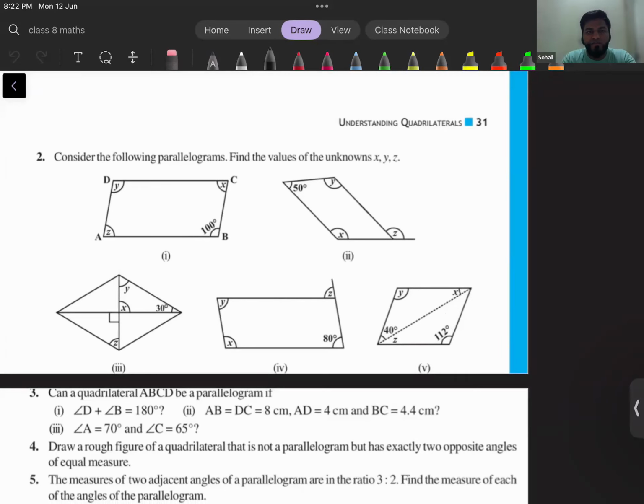Do tell me, have you guys studied about alternate interior angles, opposite angles, corresponding angles? Yes, sir. The correspondings and the alternate interior angles.